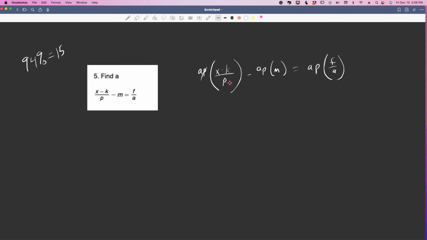So the P's would cancel here. So we have AX minus KA, and then we have minus APM is equal to, the A's cancel here, FP.